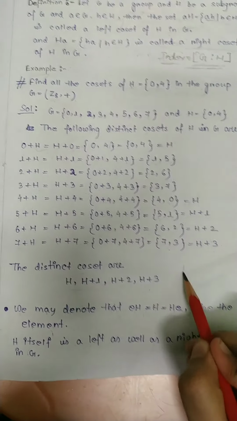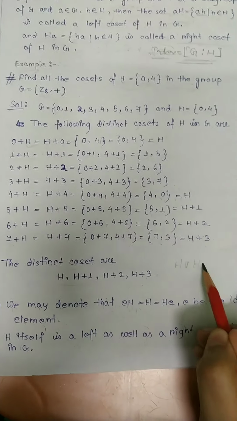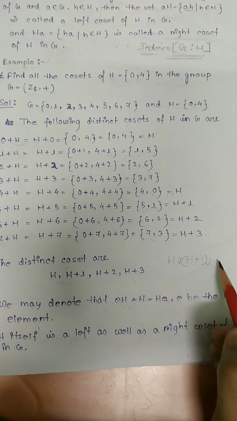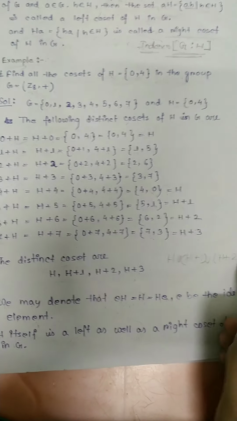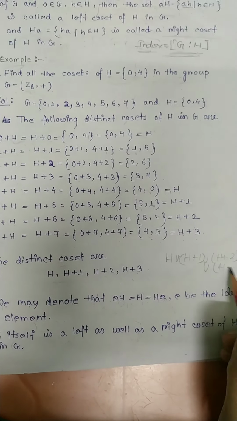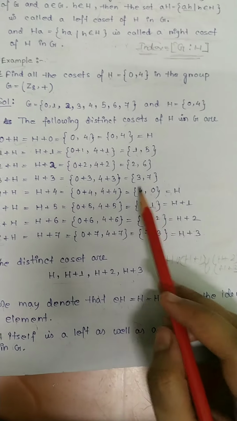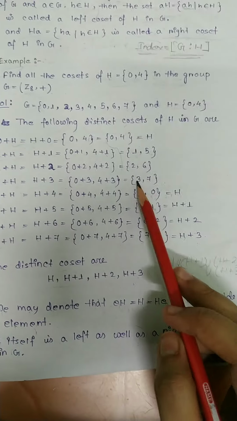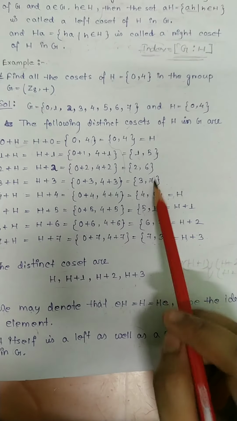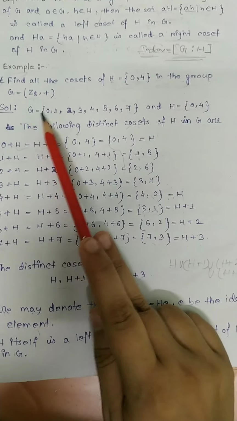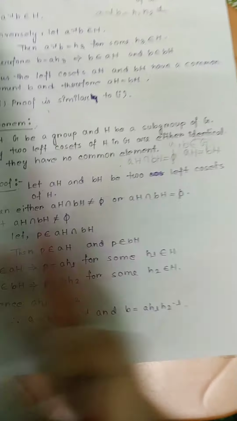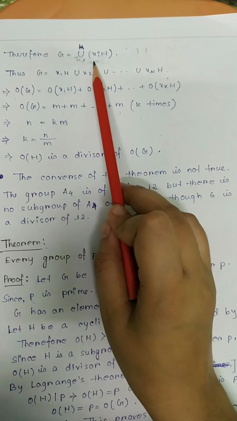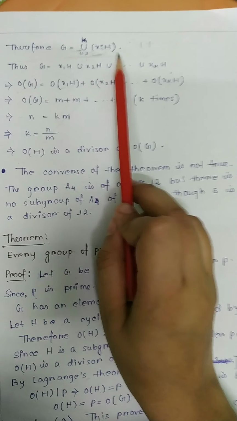If we take the union of them, 0, 1, 2, 3, 4, 5, 6, 7, then we find the group G again. So from this we can write that G equals the union of xiH.